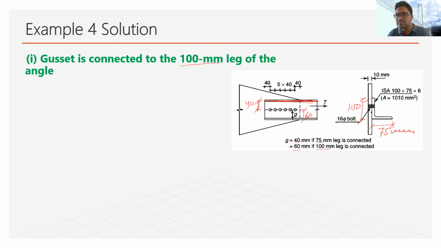Well, in this case, the leg which is connected with the gusset plate, we call it connected leg. And the leg which is not connected with the gusset plate is called the outstanding leg.